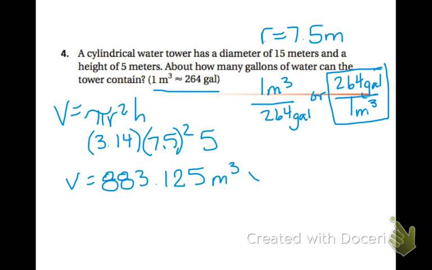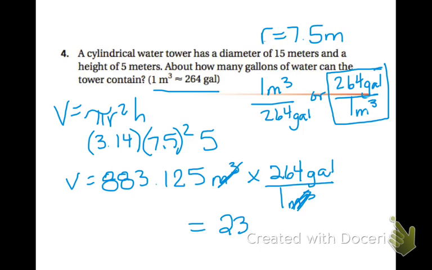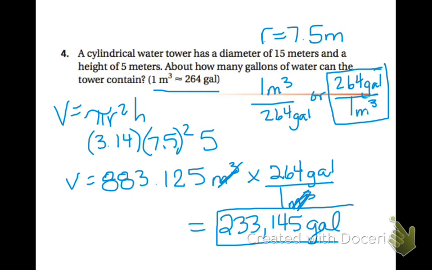So when we multiply this by 264 gallons over the 1 meter cubed, the meters cubed will cancel. So when we multiply, we get 233,145 gallons of water in that water tower.